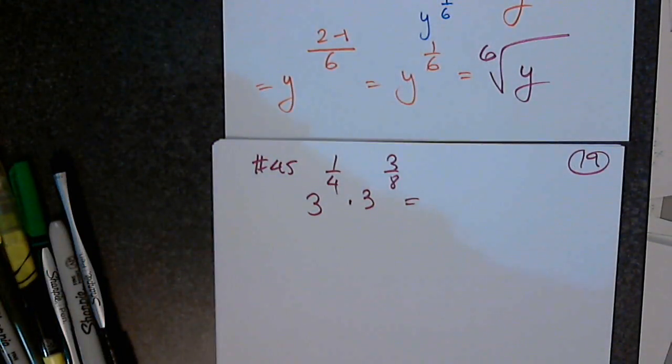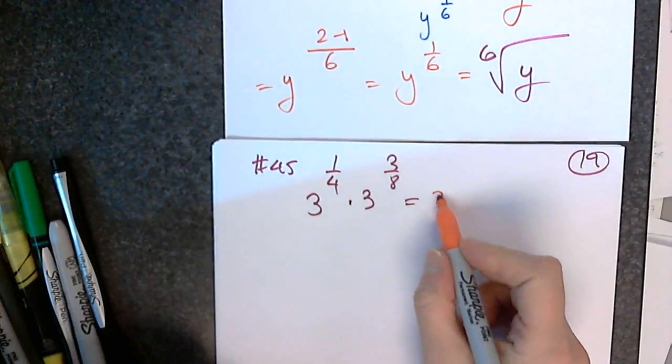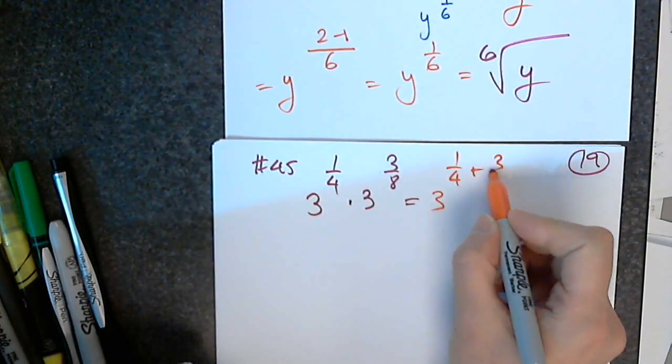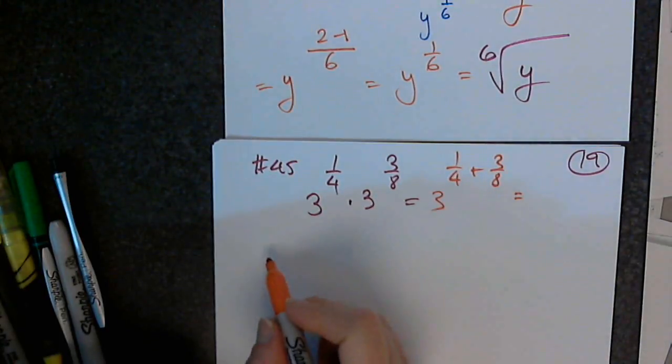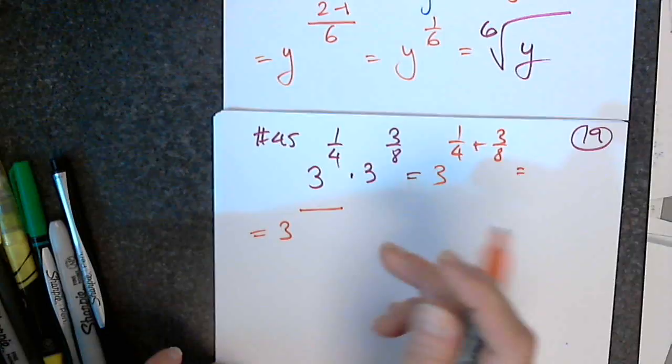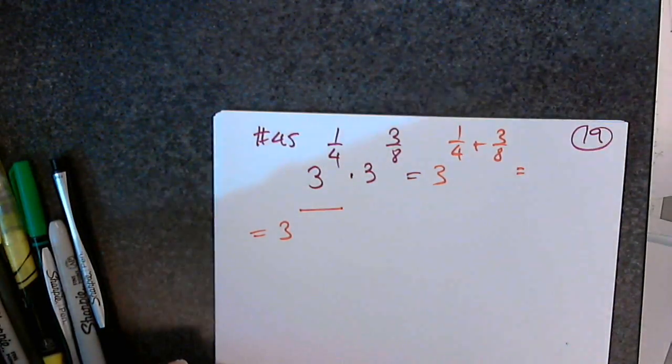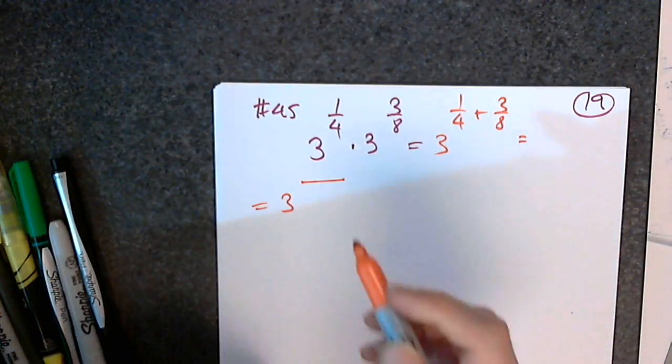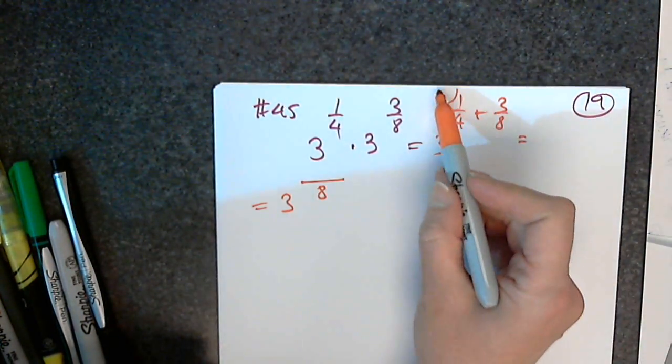I copy the base. What happens with the exponents? Very good. 1/4 plus 3/8. The least common denominator is? Very good. So this one gets a 2.